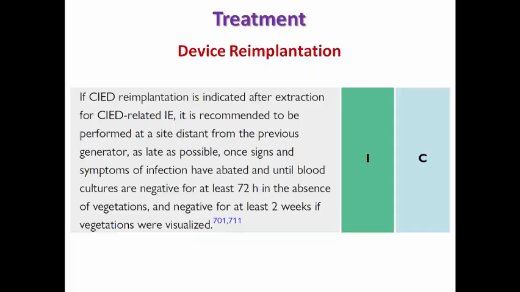So, the recommendations for device reimplantation after extraction have some conditions: it should be performed at a site distant from the previous generator, as late as possible, waiting till signs and symptoms of infection resolve and blood cultures are negative for at least 72 hours in the absence of vegetation, or at least 2 weeks in case of presence of vegetations.